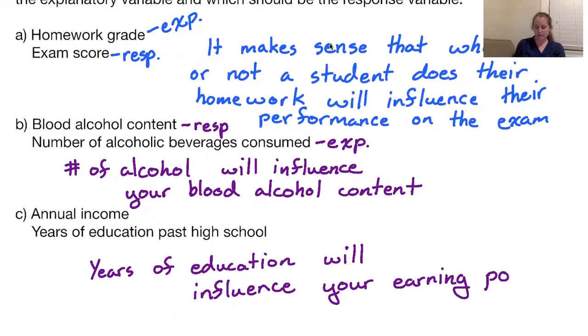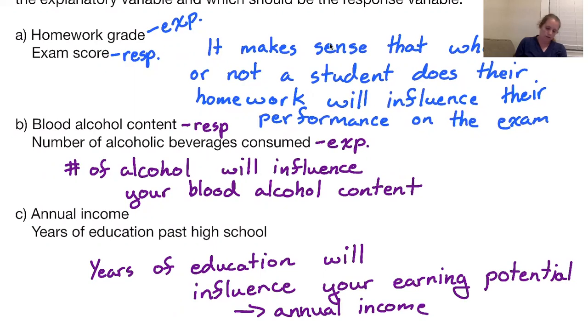And so therefore it will influence annual income. So again, annual income here will be the response variable. Years of education past high school will be the explanatory.